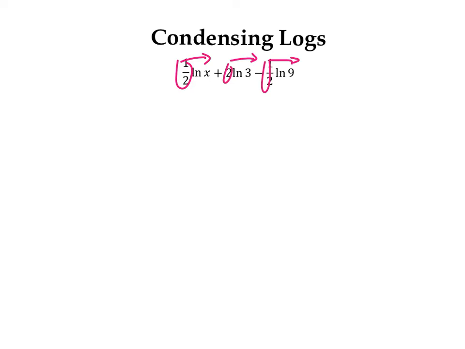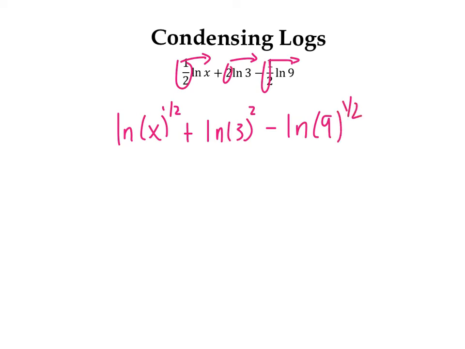And we have the natural log of x to the 1/2 plus the natural log of 3 squared minus the natural log of 9 to the 1/2. If we recall from rational exponents, whenever we have something to a fraction, it's going to be some sort of square root. Because we have 1/2s on both of those, they are really just square roots.